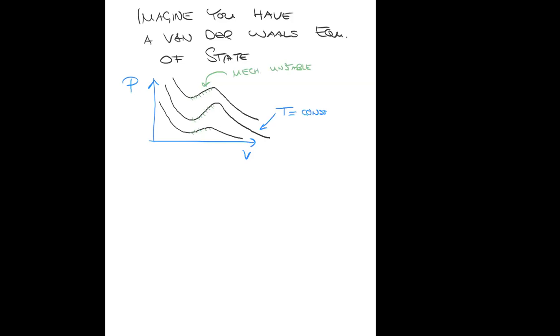But the correct behavior of the system is to go from here to here. The question is, just by looking at that van der Waals equation of state, how do I figure out exactly where these 2 points are? Where means, say, what pressure and what volume.